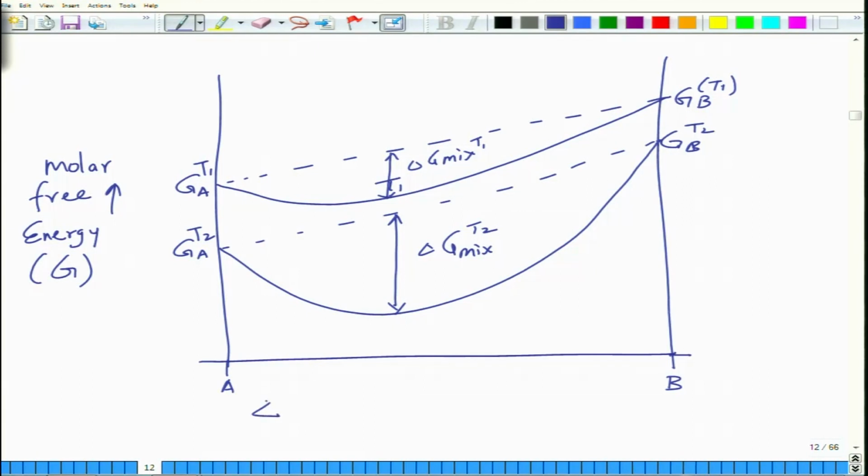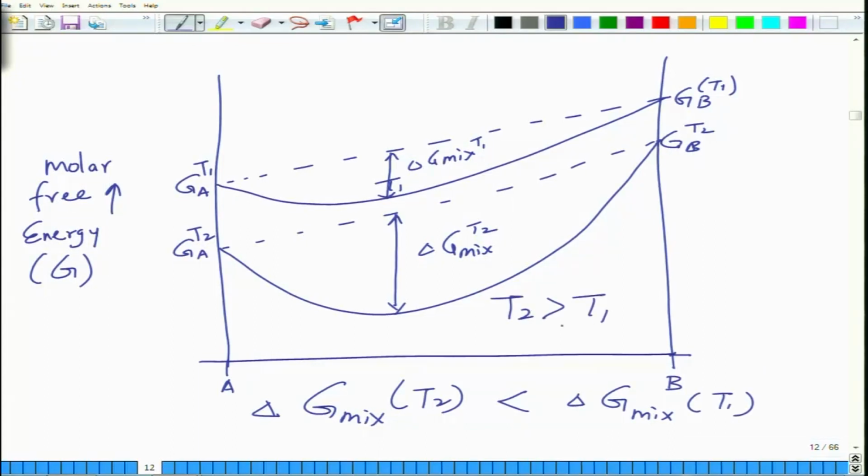So, delta G mix at T2 is higher, meaning it is more negative. T2 is greater than T1.